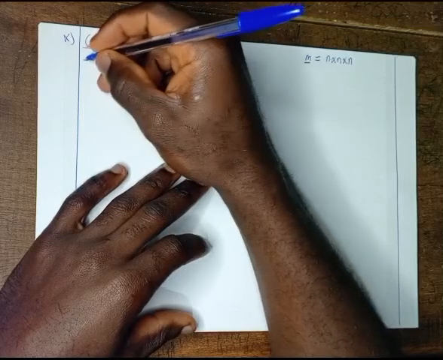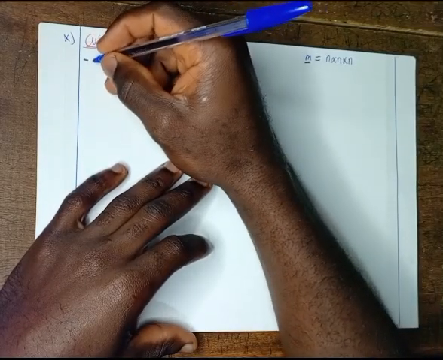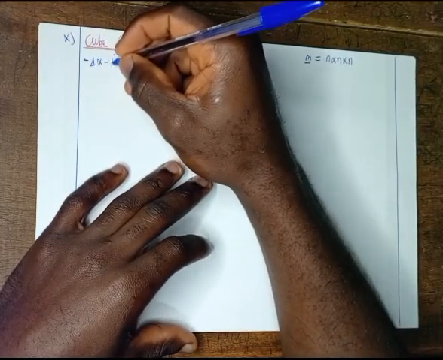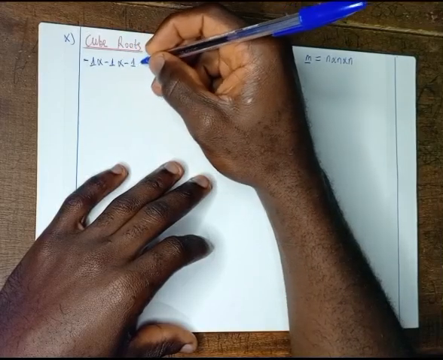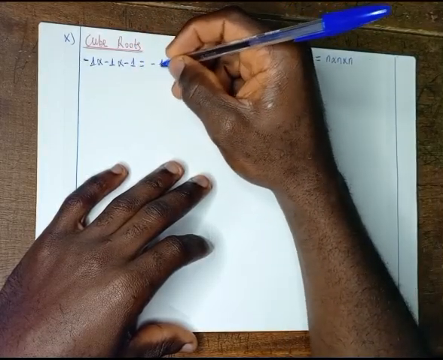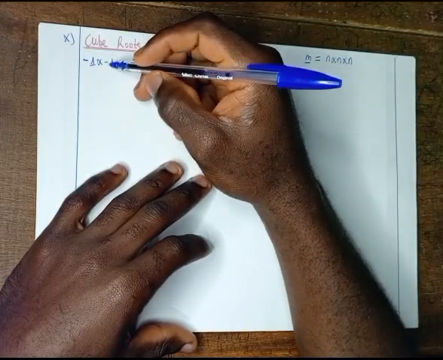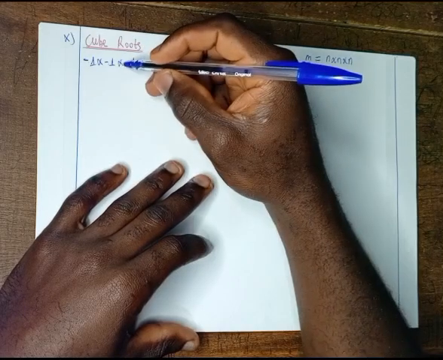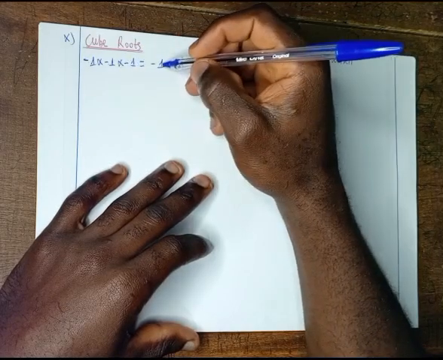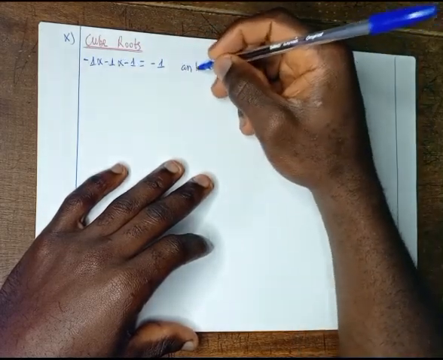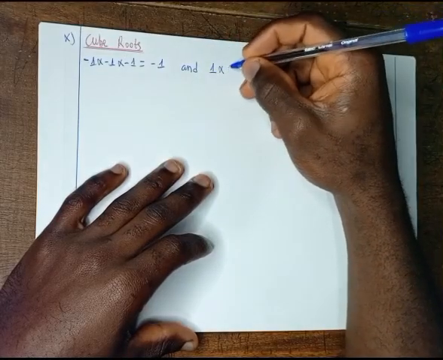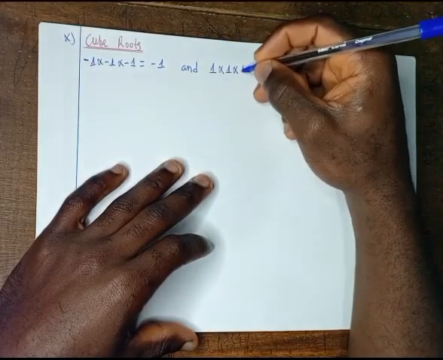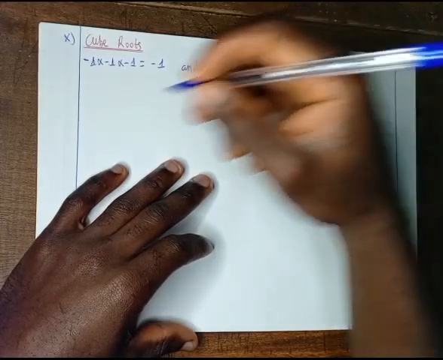Let's start by writing down these few examples. If you take, for example, -1 times -1 times -1, it is simply equal to -1. We know -1 times -1 gives us +1. +1 times -1 is equal to -1. And if we take 1 times 1 times 1, it is equal to 1.